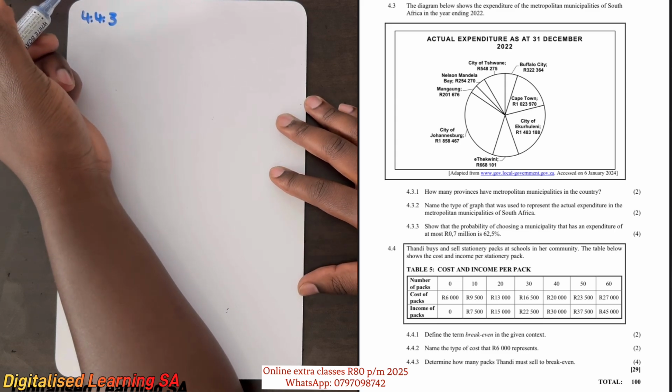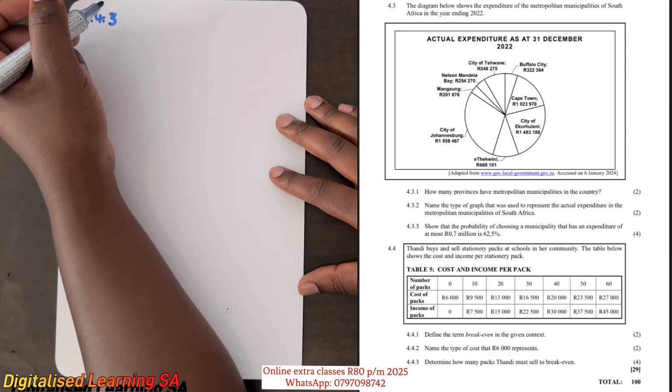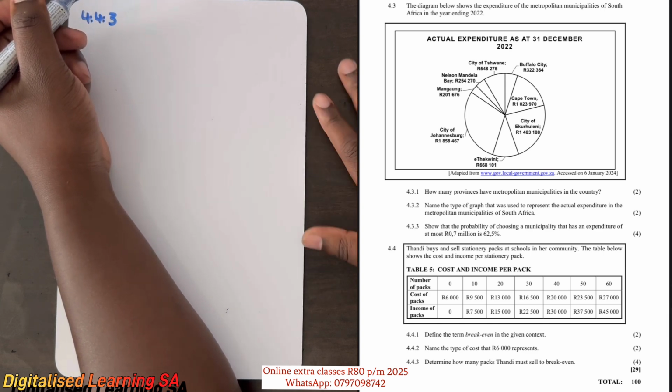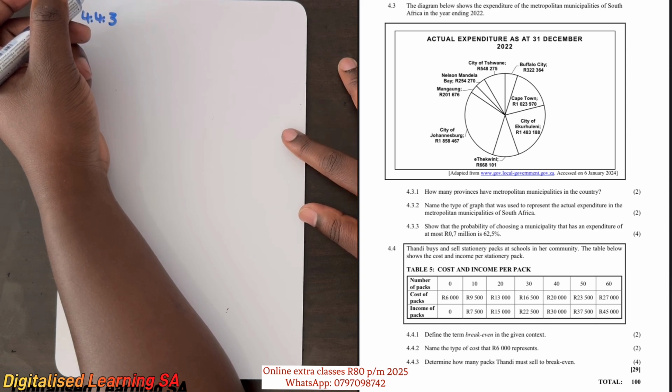4.4.3. The question says determine how many packs Thandi must sell to break even. Okay, so to do that, we first need to see the number of packs and the income of packs. So we need to see the first row and the third row. If Thandi sells 10 packs, his income will be 7,500, which is less than the cost of packs, meaning that Thandi would have made a loss.